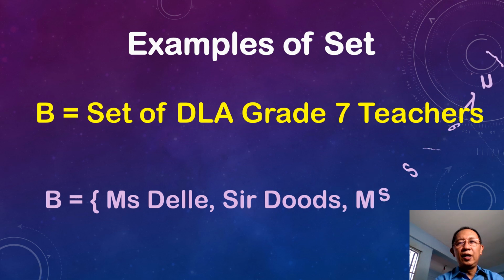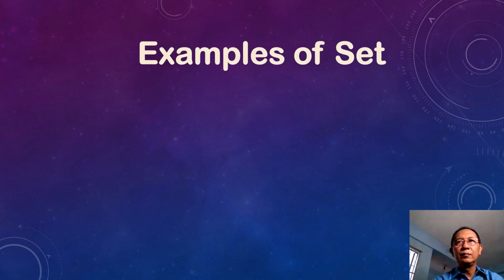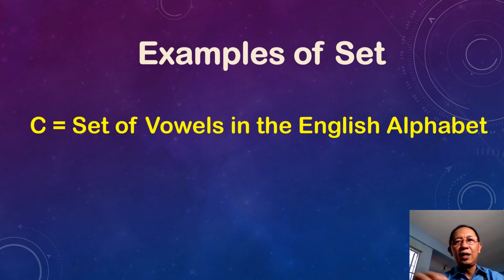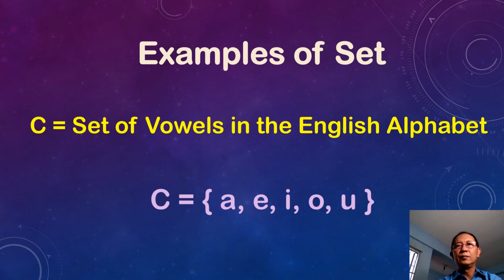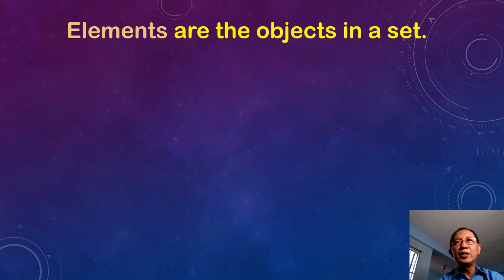These are the elements of set B. Set C is the set of vowels in the English alphabet. And these are the elements of set C. Elements are the objects in a set.